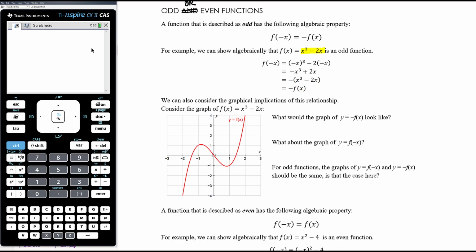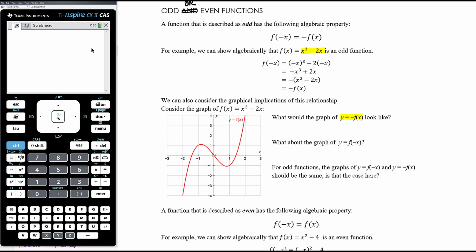We can also consider the graphical implications of this relationship. So here's the graph of x cubed minus 2x. It's got 3 x-intercepts. It's this fairly traditional cubic kind of shape. Let's think back to transformations, and I know we haven't looked at any transformations this year, but hopefully these are fairly familiar. y equals negative f of x is f of x reflected in the x-axis.